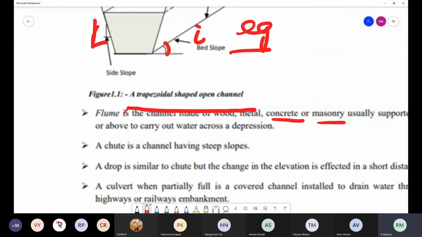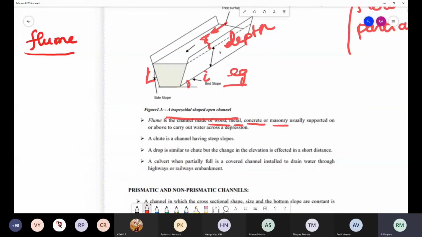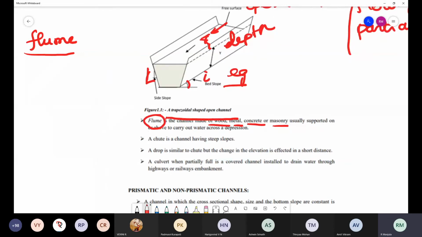It can be made of anything, and can be supported on the surface or above the surface, especially for carrying water. That is your flume. And what is a chute? A chute is a channel having a steep slope; when there is a steep slope, that is called a chute.